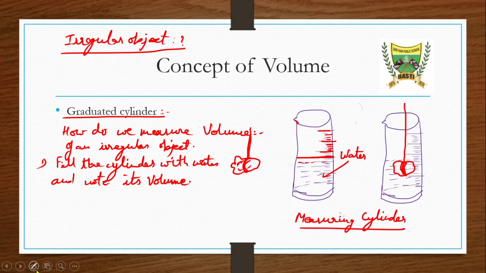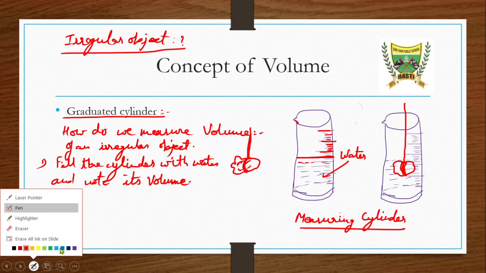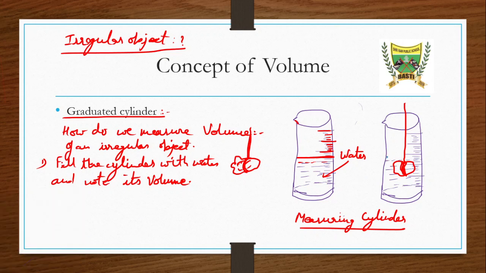When we put the object into the measuring cylinder, we will see there is a rise in the volume of the water. So this is our new level of water.